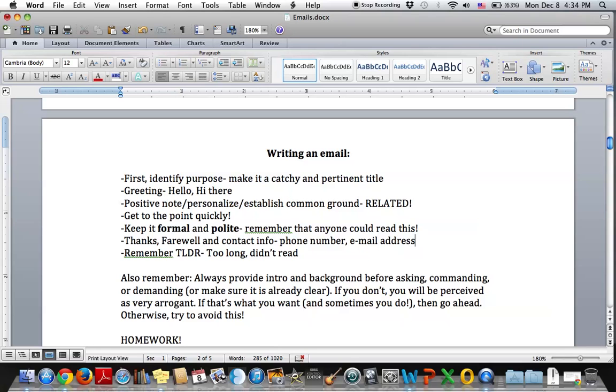Those two things are generally what we would expect to see. If you're working in a bigger company, then you would want your fax number, maybe other contact information, your Skype name if you're doing a lot of business that way. But if you're working in a big company, you've probably got all of that already.